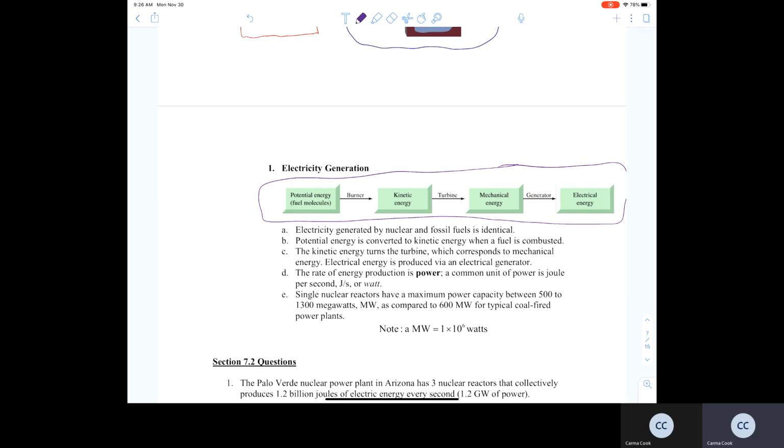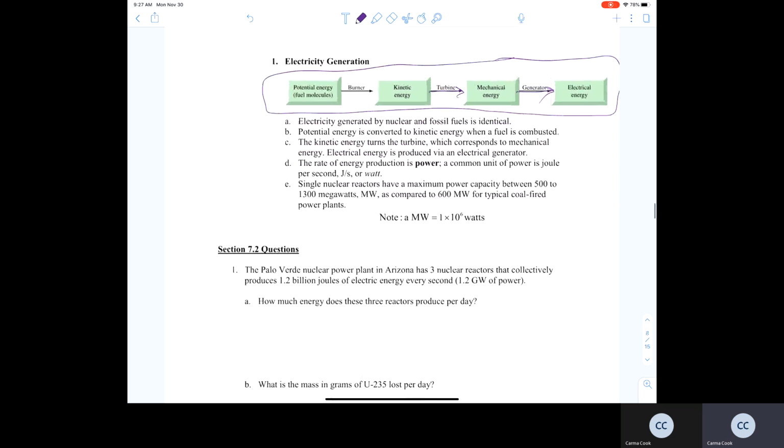And as a result of the nuclear fission, you get energy released, and that energy released is in the form of heat energy. That heat energy then heats water, converts it to steam, and then you have that kinetic energy of the steam sent to the turbine to be converted to mechanical energy. That mechanical energy is sent to a generator to produce electricity. So you can see the flow chart is similar for nuclear and fossil fuels. And the electrical energy that gets produced via your electrical generator.